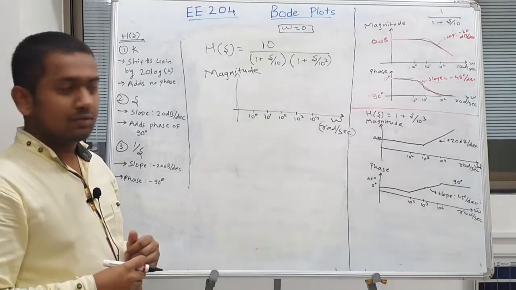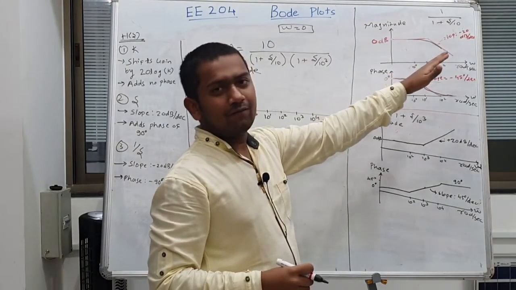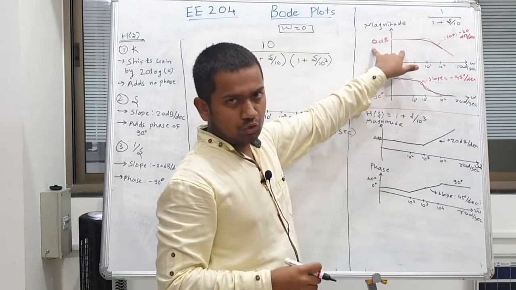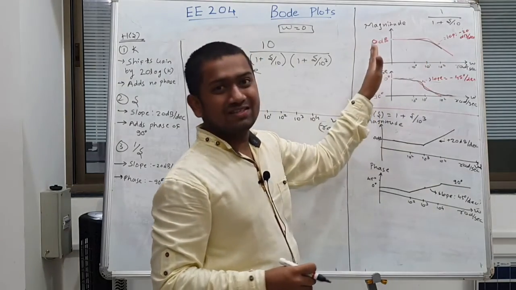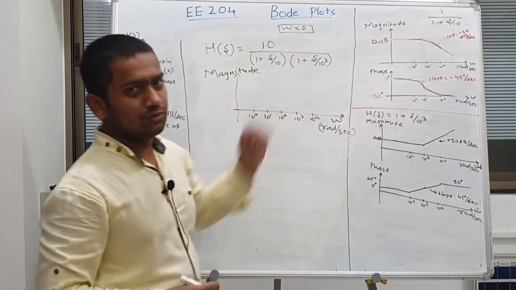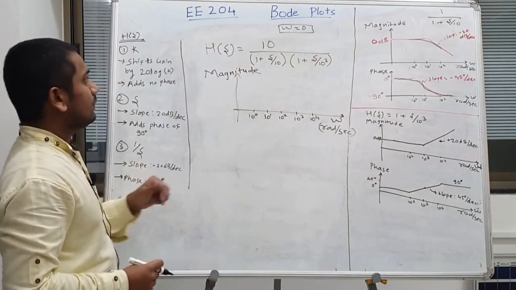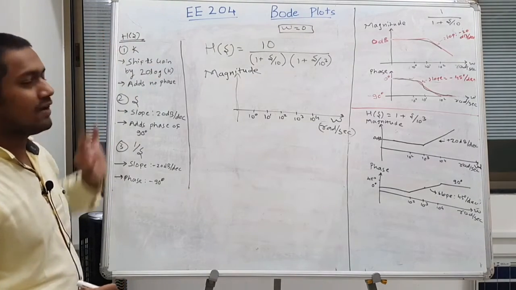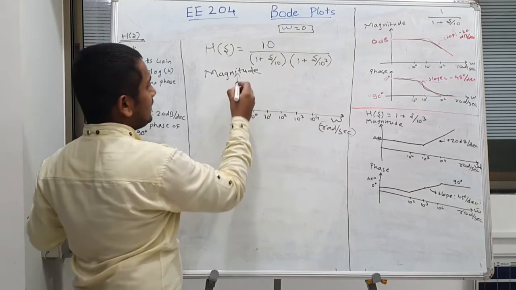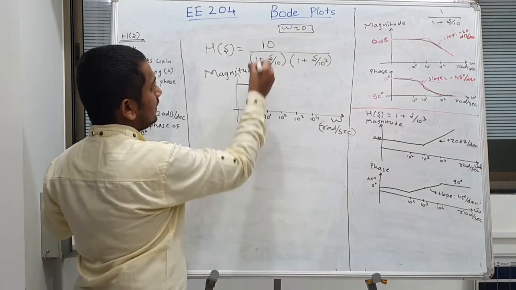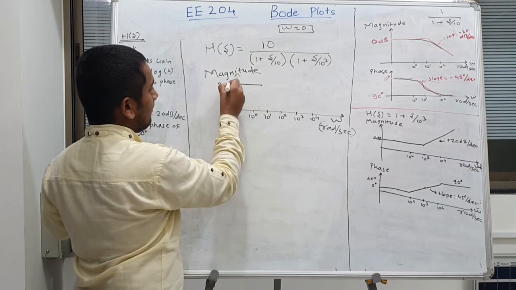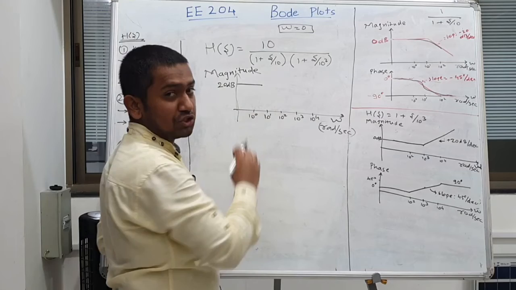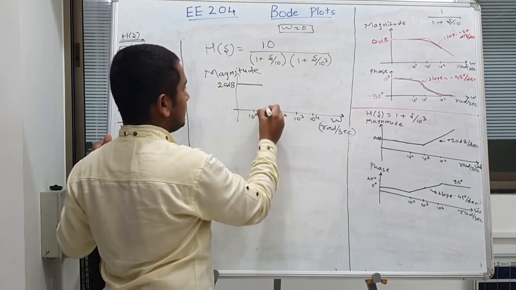We know that the poles will have a magnitude of 0 dB as we go towards DC, meaning omega equal to 0. But the constant term will have a shift in gain which is 20 log of K, in this case 20 log of 10, which is 20 dB. This will stay constant unless we reach the first pole frequency, that is 10 to the power 1.